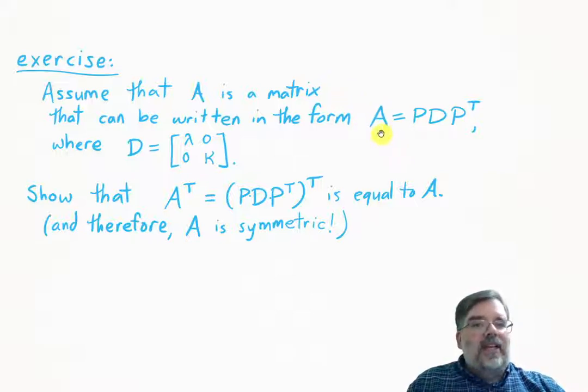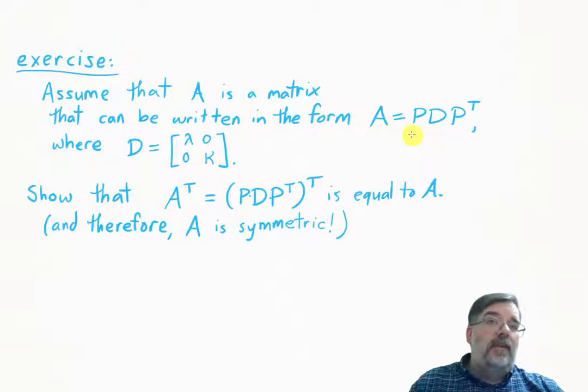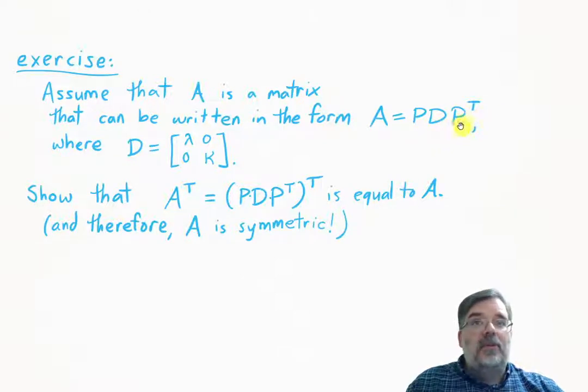Usually a diagonalization looks like A equals P times D times P inverse. But in this case, when A is a symmetric matrix, inverses of a rotation matrix are transposes. So the diagonalization looks like P times D times P transpose. But in this case, let's assume we start with this piece of knowledge.